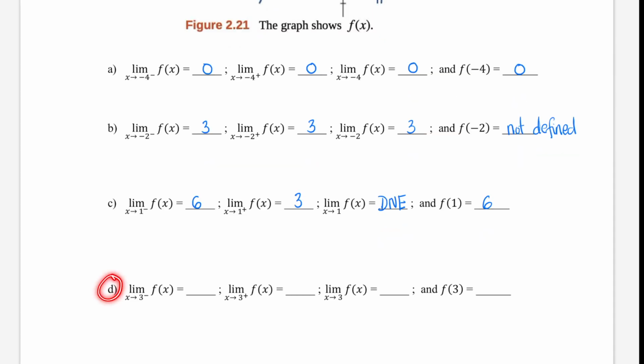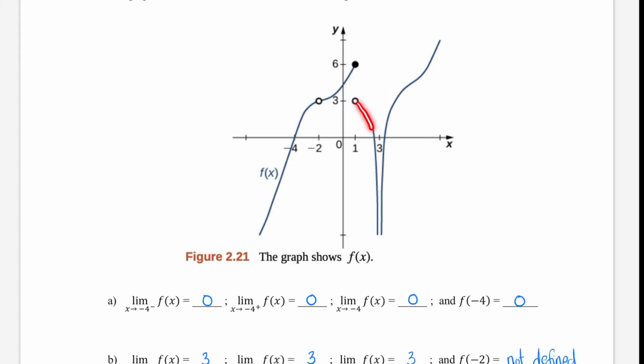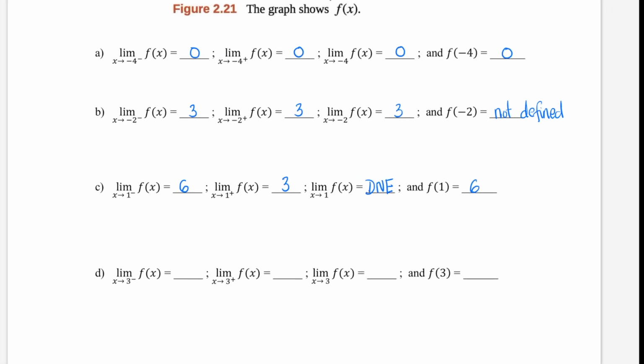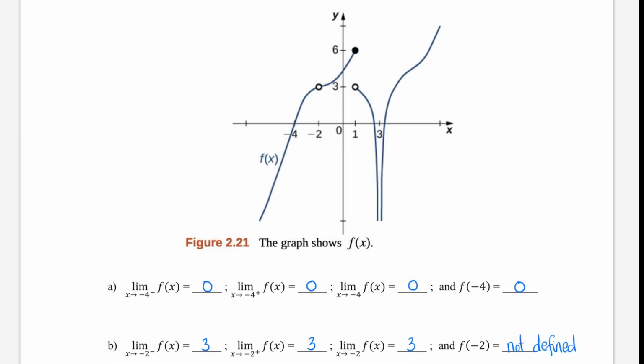Question D. Find the limit of f of x as x approaches 3 from the left. As x approaches 3 from the left, the graph drops down toward -infinity. Limit of f of x as x approaches 3 from the right. As x approaches 3 from the right, the graph also drops down toward -infinity.